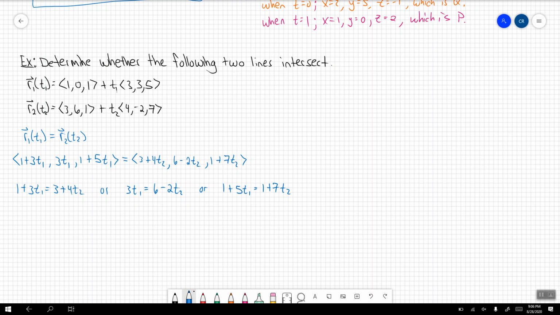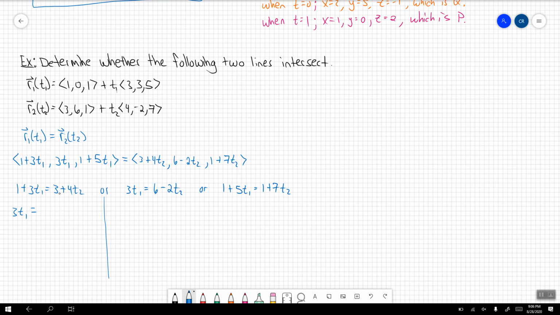I'm going to work with the very first equation. I can either solve for t sub 1 or I can solve for t sub 2. The choice is really up to us. Now again, if we were in class, I would ask you all to choose what variable we want to solve for. However, since you all are not in here, that is completely fine.